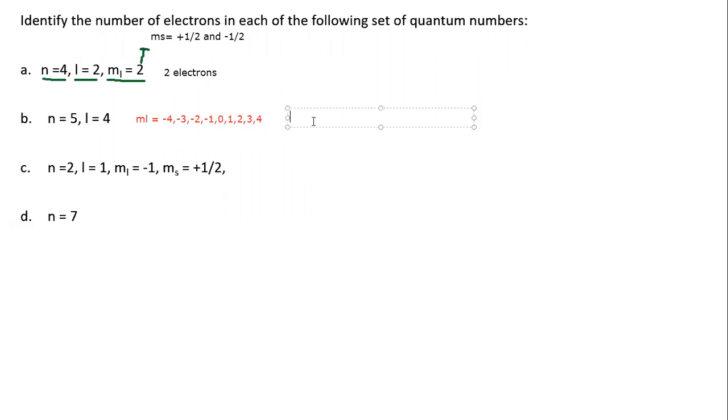We have 9 m sub L values, so this would be a total of 18 electrons. In C, we have an n value, an L value, an m sub L value, and then an m sub s value. So since the m sub s value is given, this can only be 1 electron.